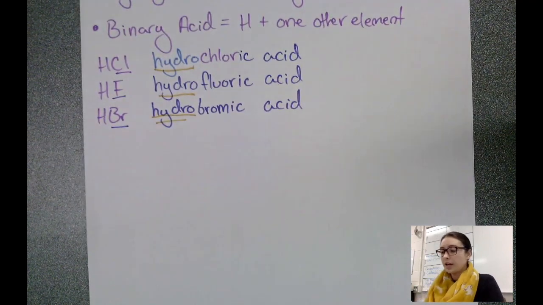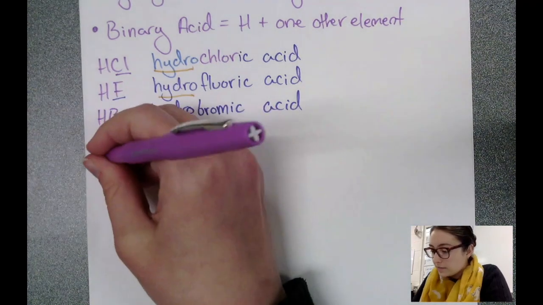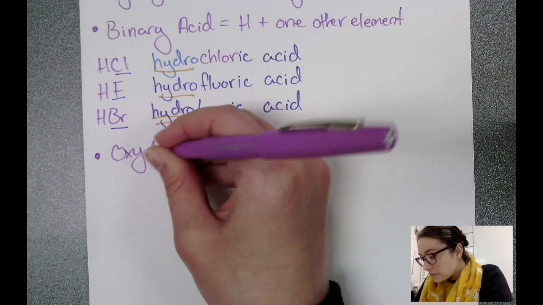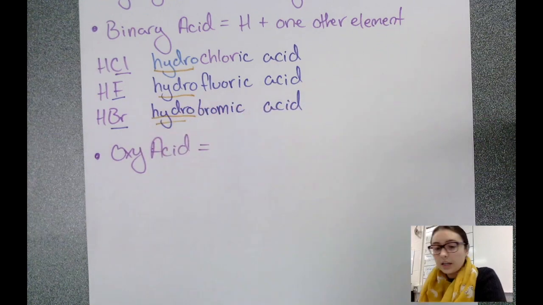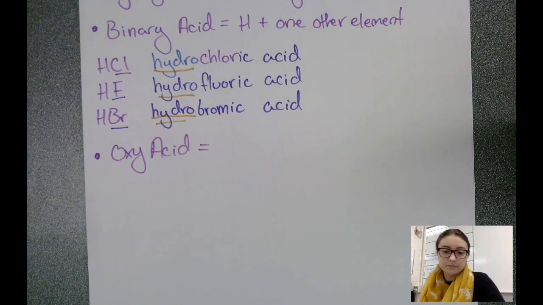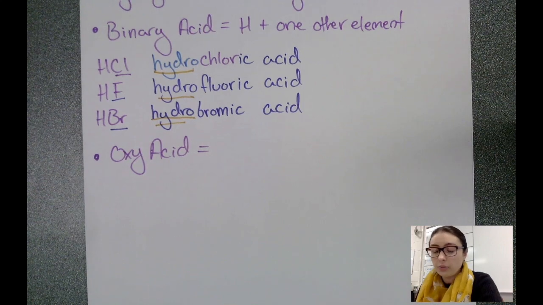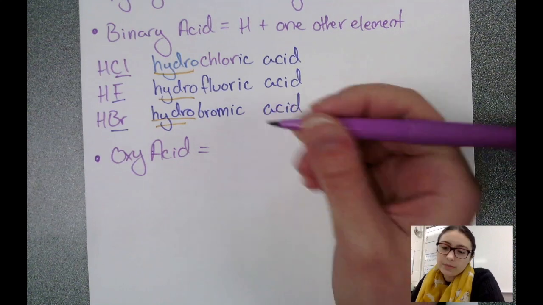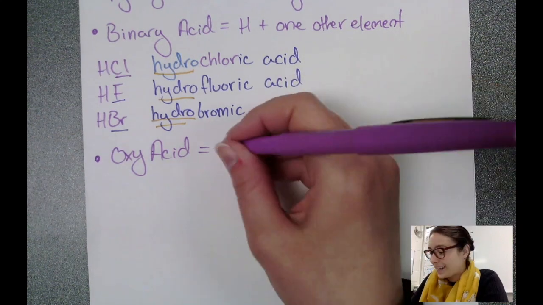The other type of acid is an oxyacid. And an oxyacid is hydrogen bonded to a polyatomic ion that includes oxygen, or hydrogen bonded to an oxyanion.